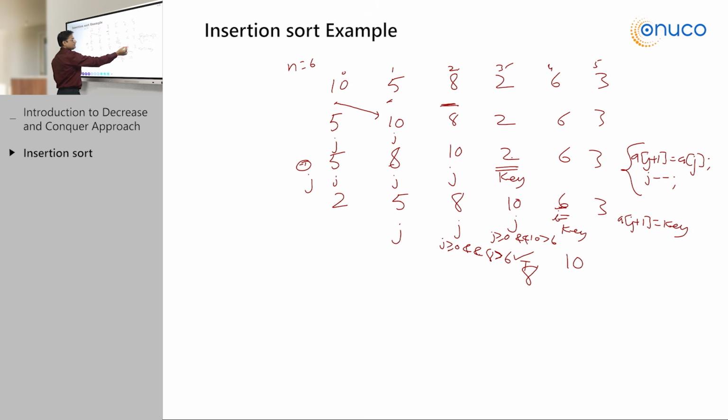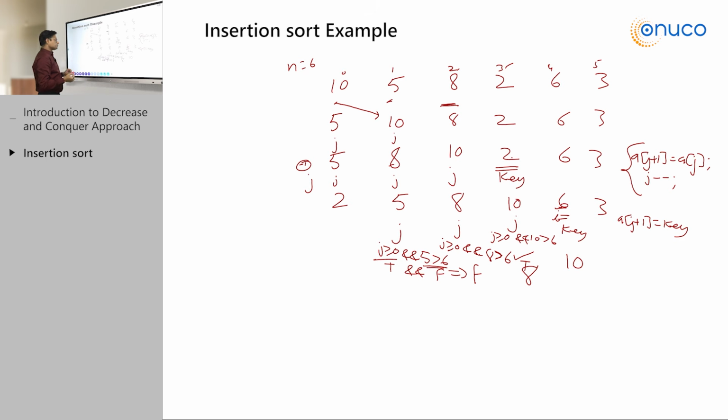Is 5 greater than 6? No. So here j is greater than or equal to 0, true, and 5 is greater than 6, false. With the AND operator, finally it will give you false. So it means 6 has to be inserted between 5 and 8.